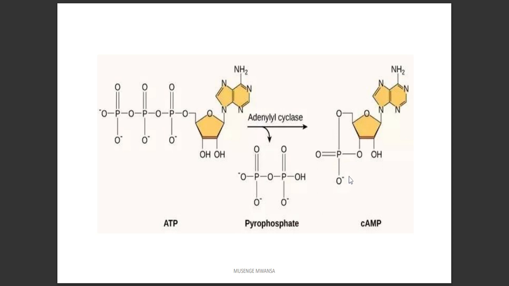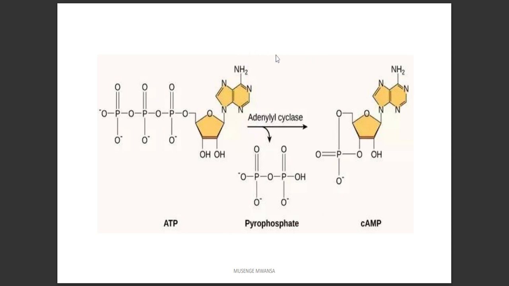So then what is going to happen? Because we have increased cyclic adenosine monophosphate, this is going to alter the sodium and chloride transport, because just inside the cell membrane we have these pumps, the sodium pumps. We have a lot of pumps. Let me try to show this.